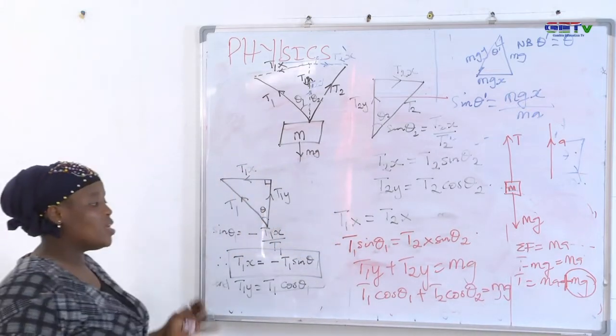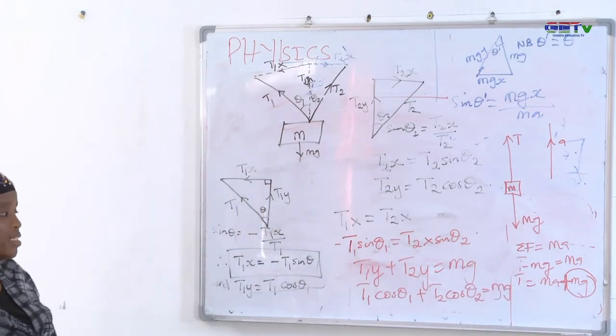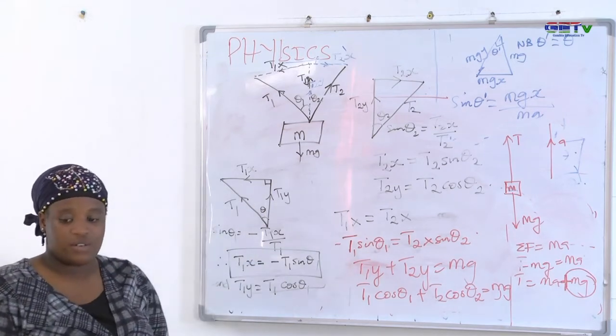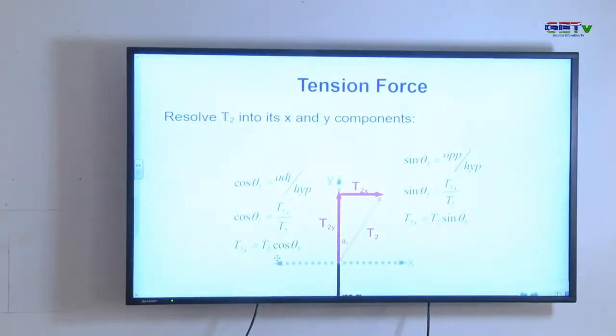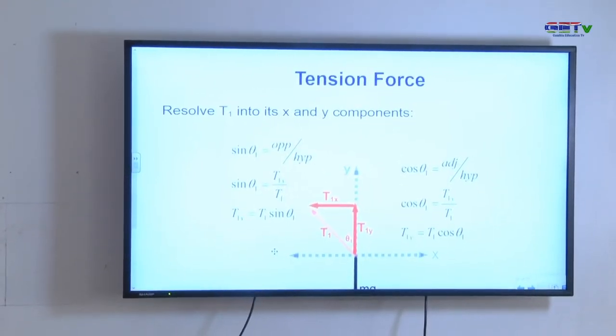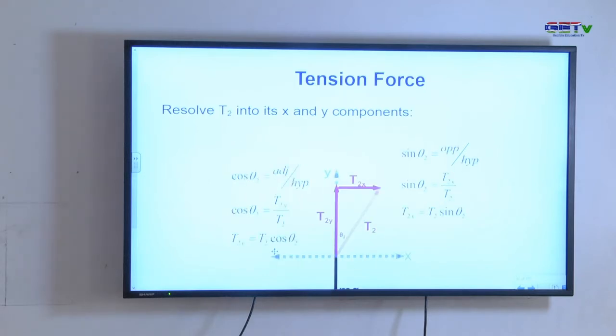If the values of theta 1, theta 2 and the mass is known, then the tensions T1 and T2 will be found easily. Okay, this is just the absolute value we're taking, and this will be positive.